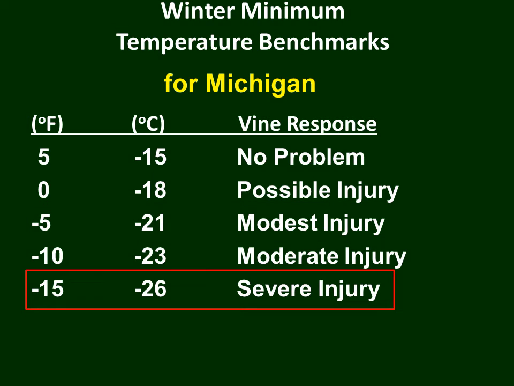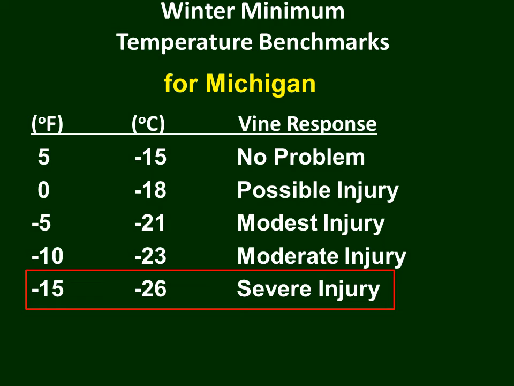You go down to the bottom of this chart. When we get to minus 15 Fahrenheit, which is equivalent to minus 26 Celsius, oh my gosh, we have severe injury on most of our varieties. Very few will not be hurt by these low temperatures.